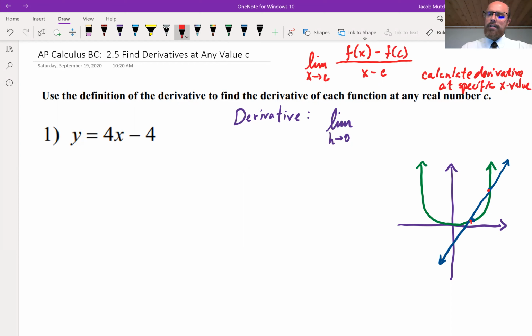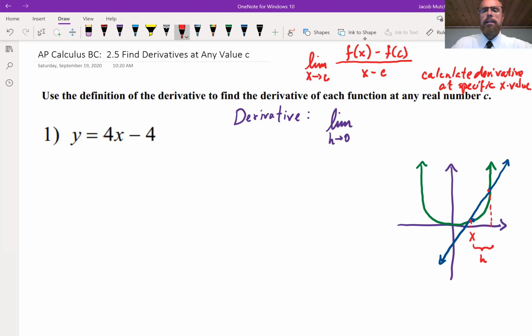This left point I want to call x, and the right hand x value I don't want to label directly, but I just want to note that it is a distance of h away from x. So we kind of see that h appear in our limit.